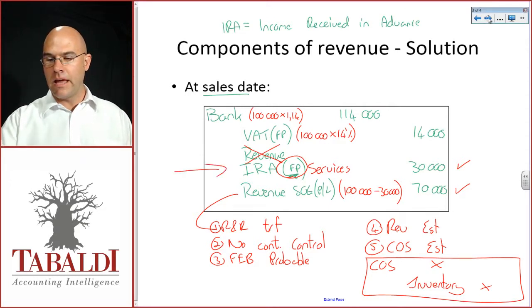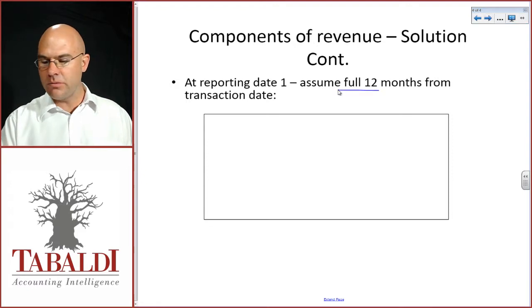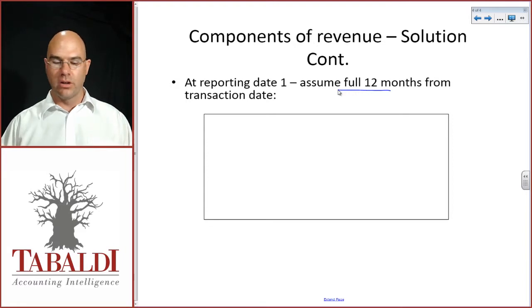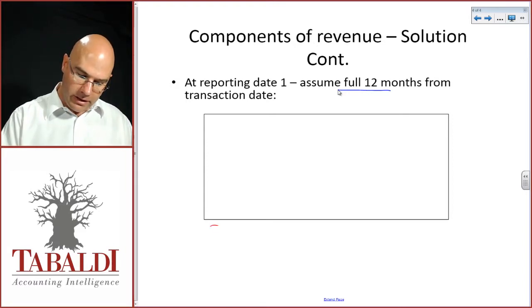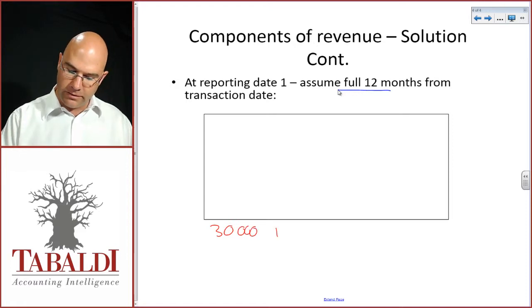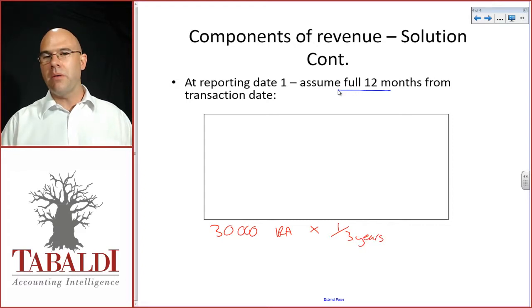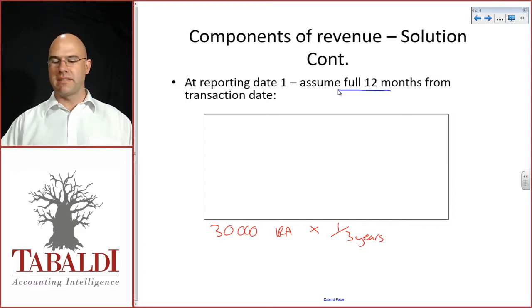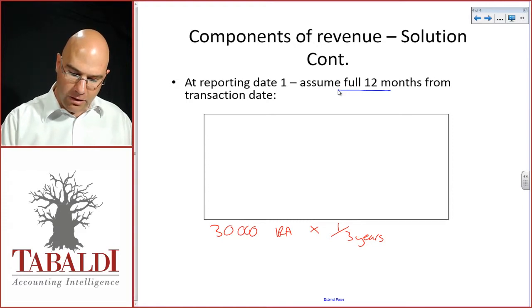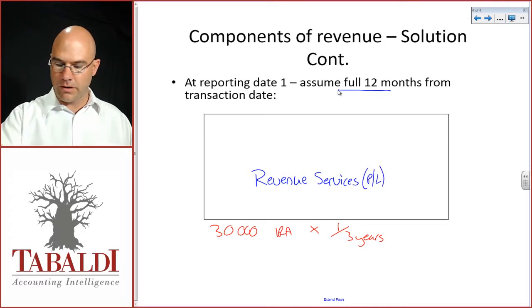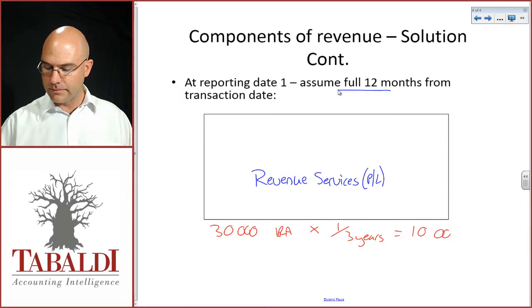Well, let's assume now, at the end of 1 year, assuming a full 12-month period has gone past, and we assume that 1/3 of the services have gone past. Well, then what am I going to do? I will take my 30,000 that was income received in advance, and I will times it by 1/3 years. You would probably do this based on the actual number of services, but let's keep it simple. Then I will definitely go credit revenue after 12 months from services in P&L. 30,000 times 1/3 gave me 10,000.